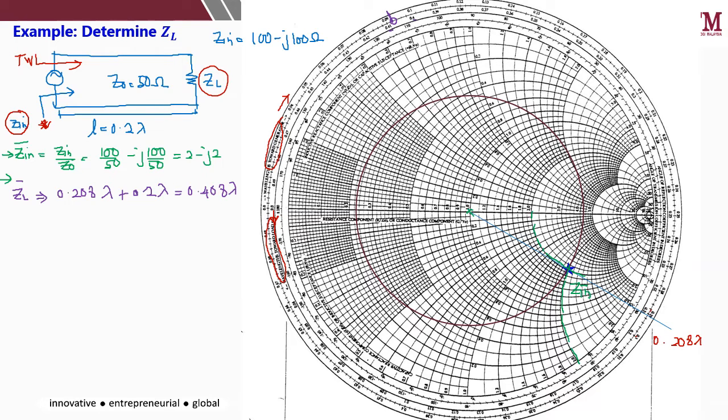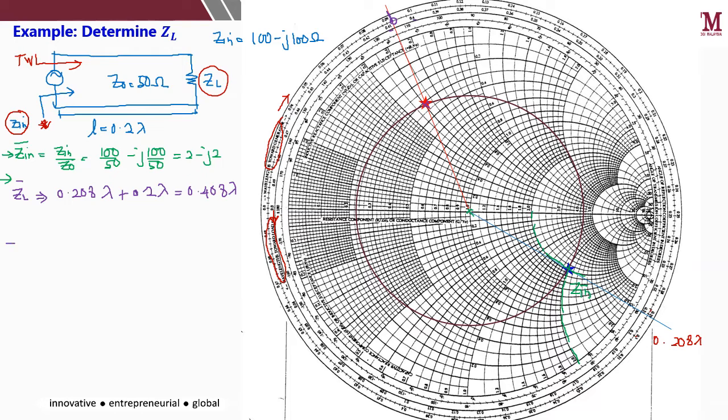Okay, so then draw a line crossing from the center, crossing the SWR circle, right? So then you'll get your normalized Z load, and then read through the value of your normalized Z load.